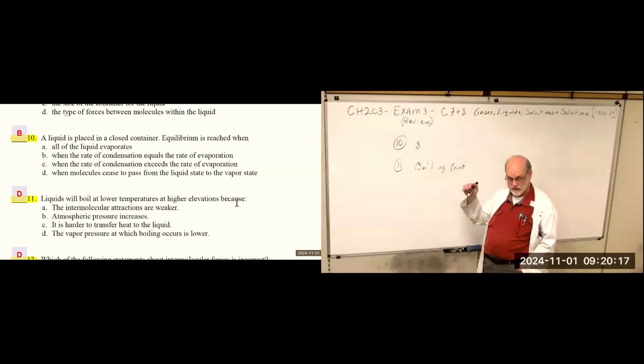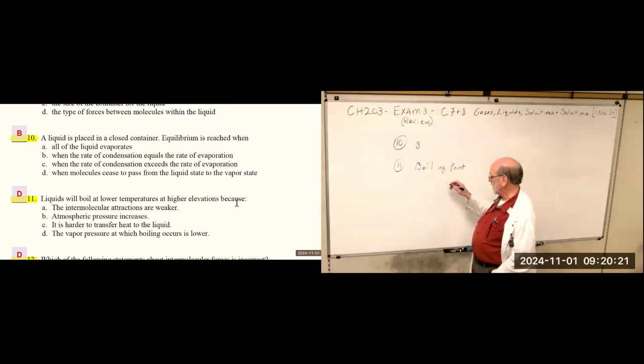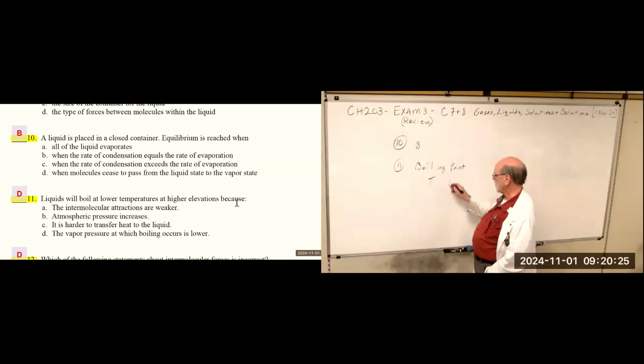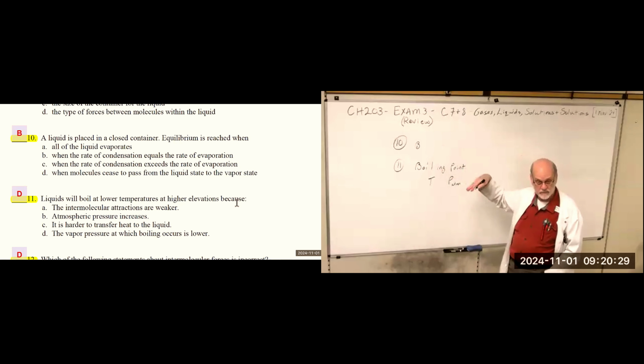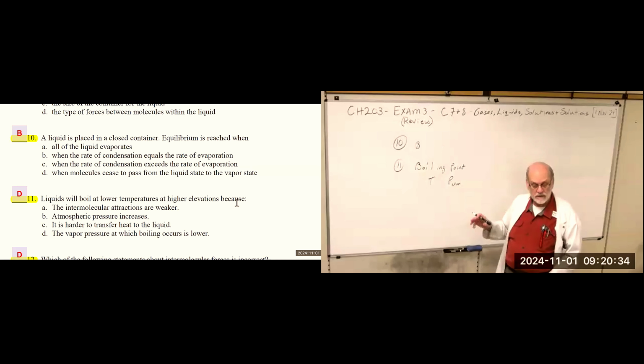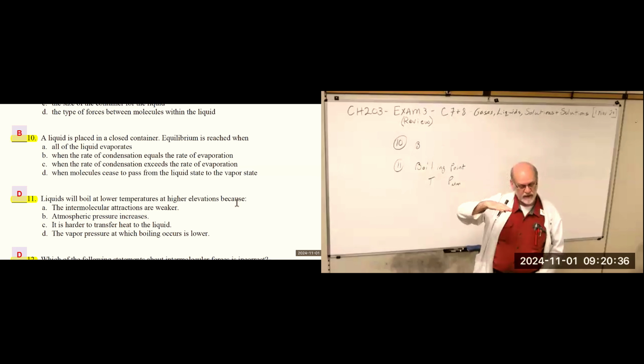Not at the surface anymore, but from internal. And it does that at a certain temperature and a certain pressure, atmospheric pressure, whatever is resisting the movement outside. If we decrease the pressure bearing down on a liquid, then it tends to evaporate more easily. Right?